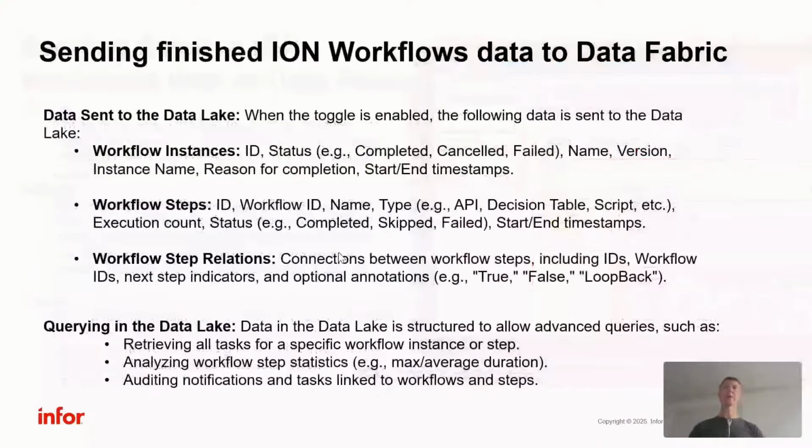So you will be able to send more data about your workflow executions, like workflow ID, workflow status, when execution was started and when it was ended, and as well information about each step inside this execution. It may be a task, it may be an API call, it may be a decision, it may be set parameter, whatever you have in your model.